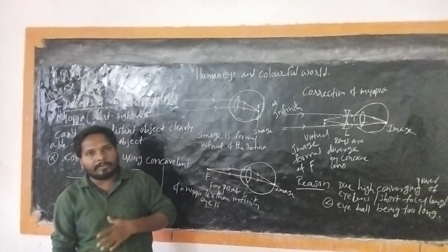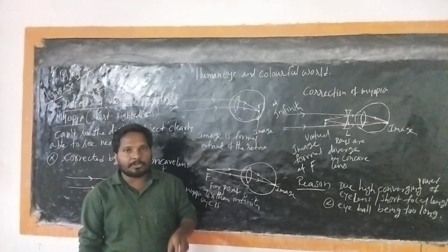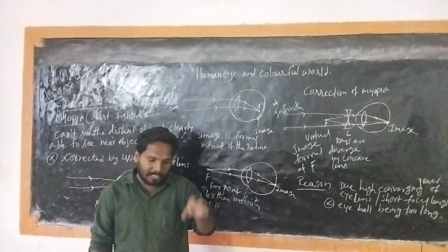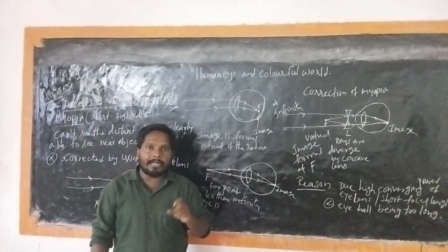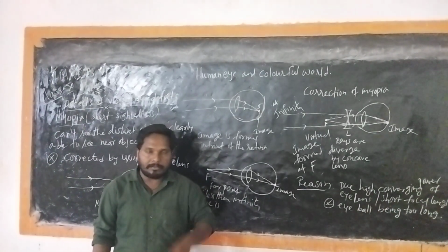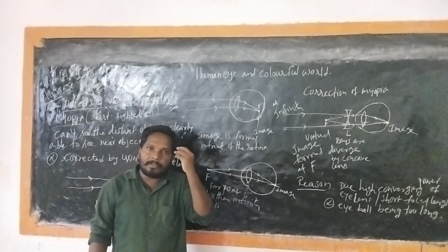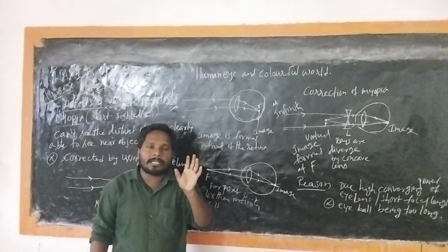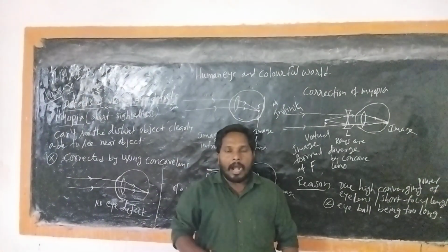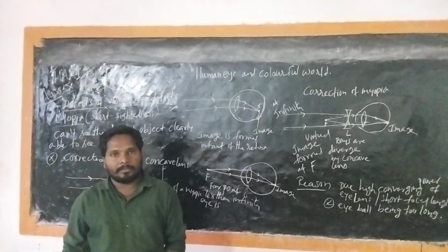If the person is suffering from myopia, the ciliary muscles attached to the lens do not relax sufficiently to make the lens thinner and reduce its converging power.